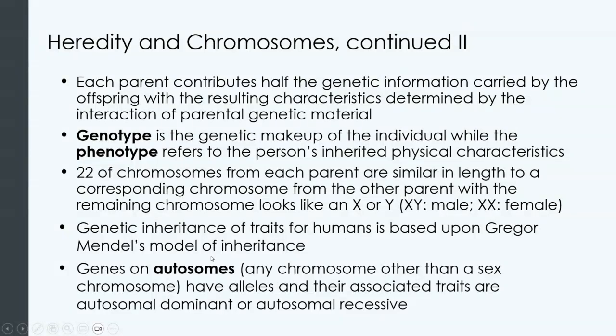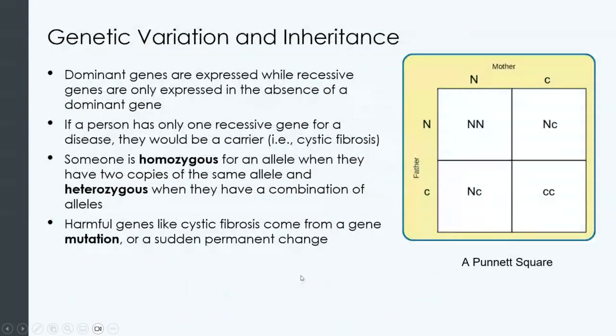As far as genetic inheritance, let's talk about what we pass on to our kids, right? So dominant genes are usually what's going to be expressed. And here in this Punnett square, you see the dominant being expressed as a capital letter.